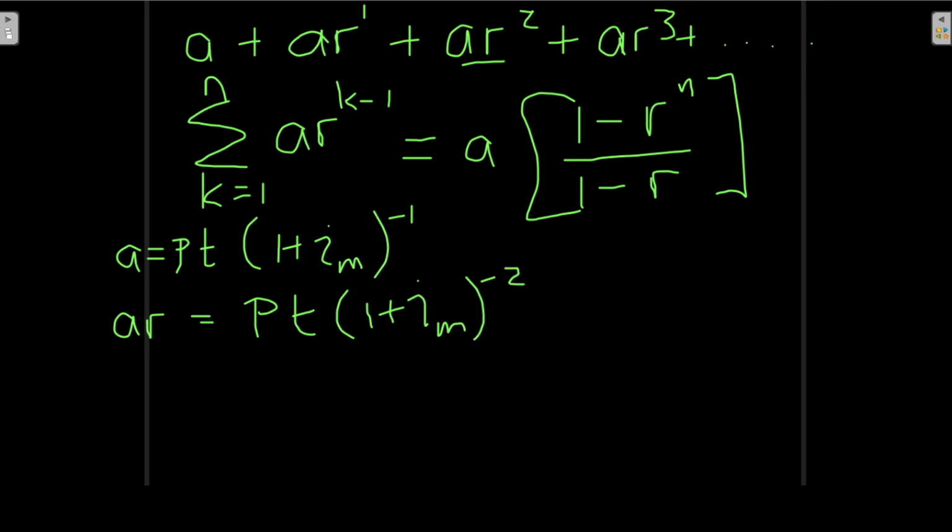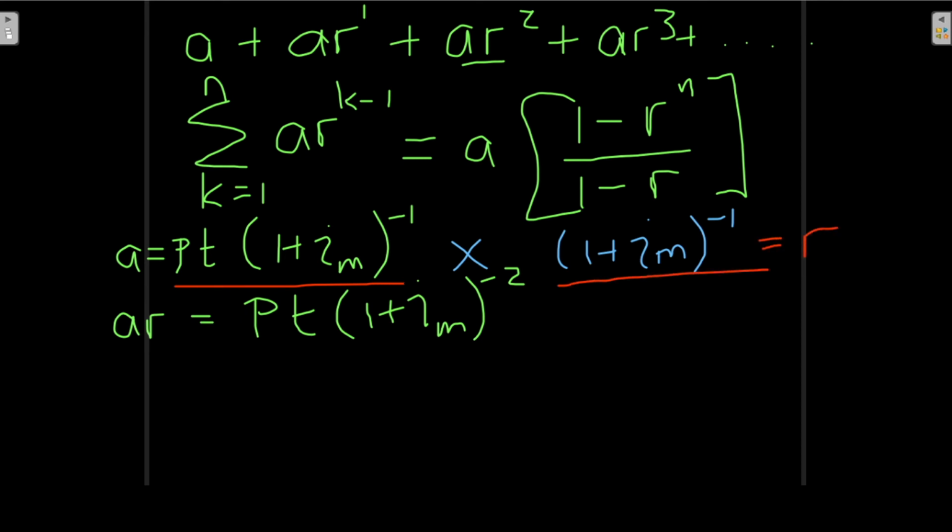So what did I multiply the first term with to get to the second term? I multiplied my first term with (1 + i_m)^-1. So from this we have that in an annuity, my A is payment times (1 + i_m)^-1, and my R is (1 + i_m)^-1.